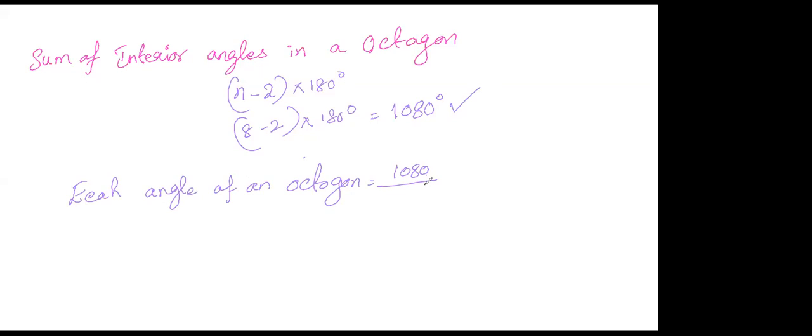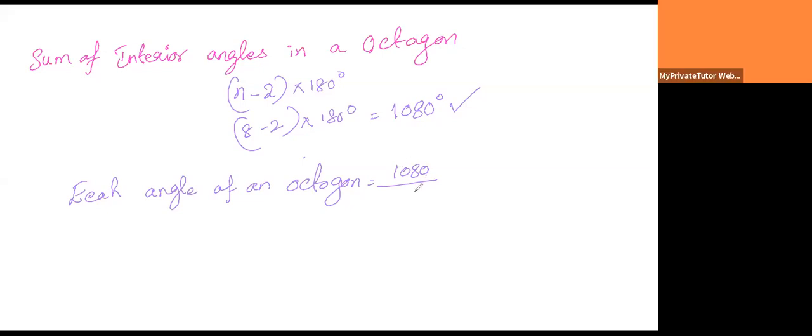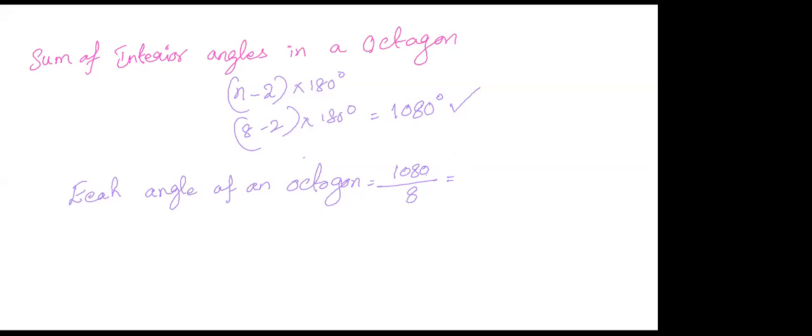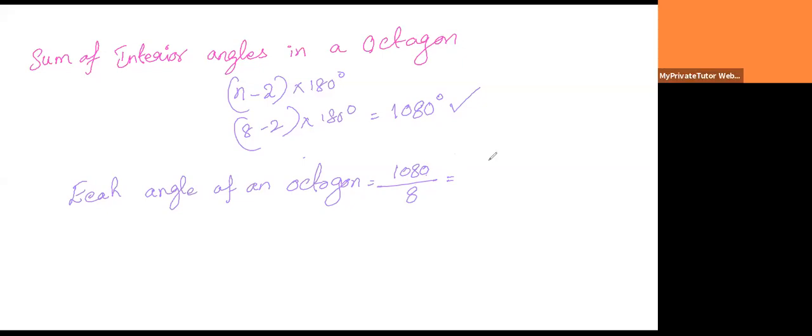To find each angle, we need to divide by the total number of sides. If we divide that, we'll get 135 degrees.